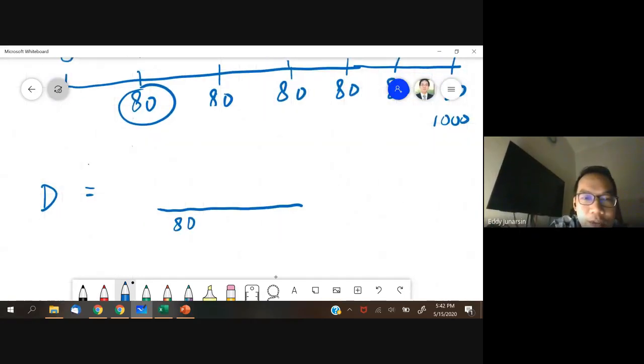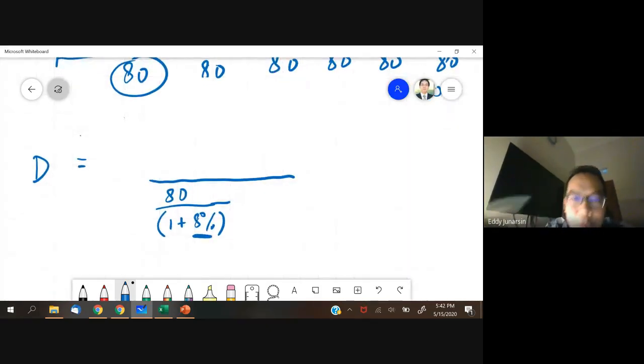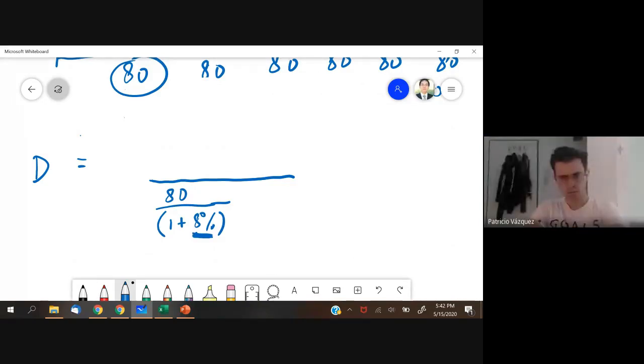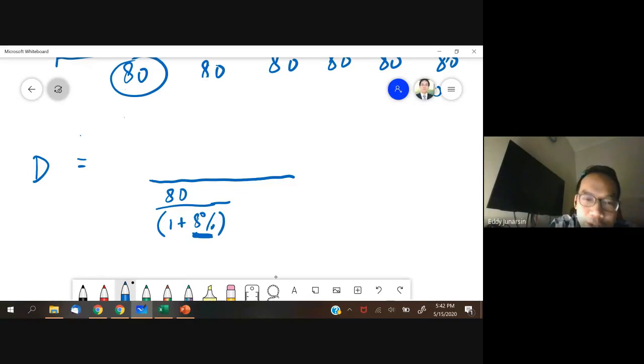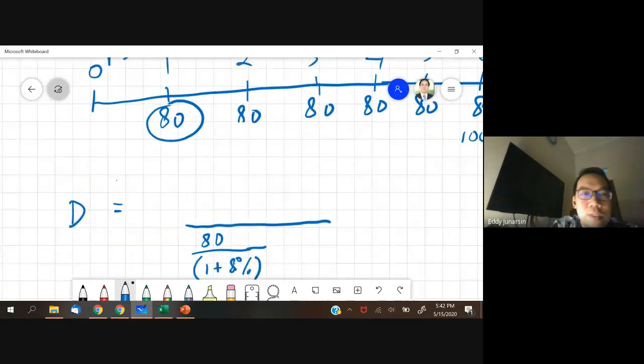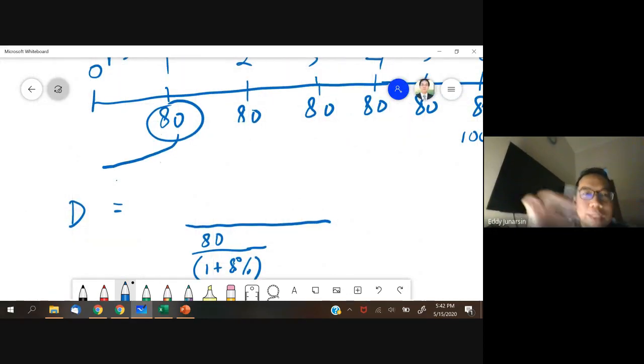So 80 divided by 1 plus 8%. So tell me, what is the 8% here? Is this market rate or coupon rate? Because both of them are the same, but what is it? Market rate. That's very good. This is the yield, okay? The market rate. But in our example, it's still the same, so we have to be careful. The 8% here is the market rate. So to the power of 1, because it's one time, right?